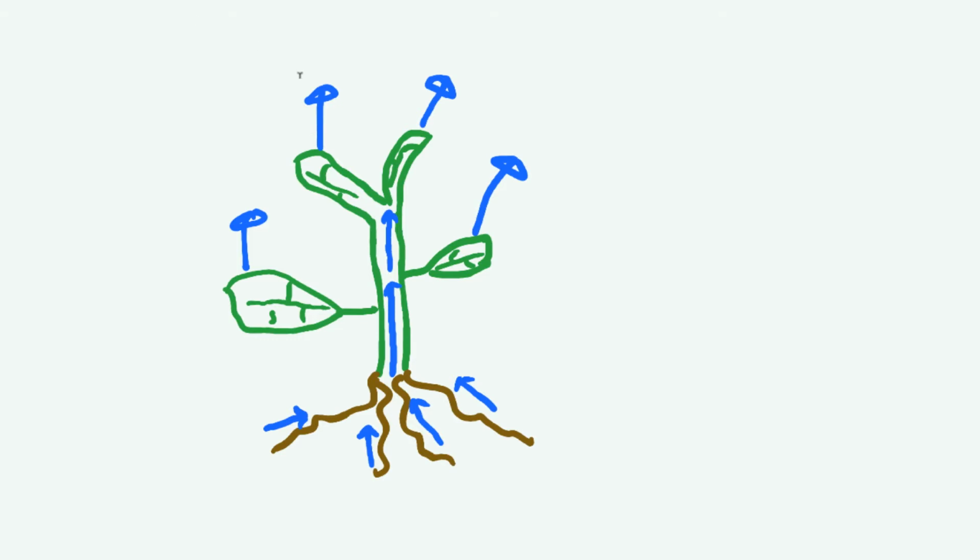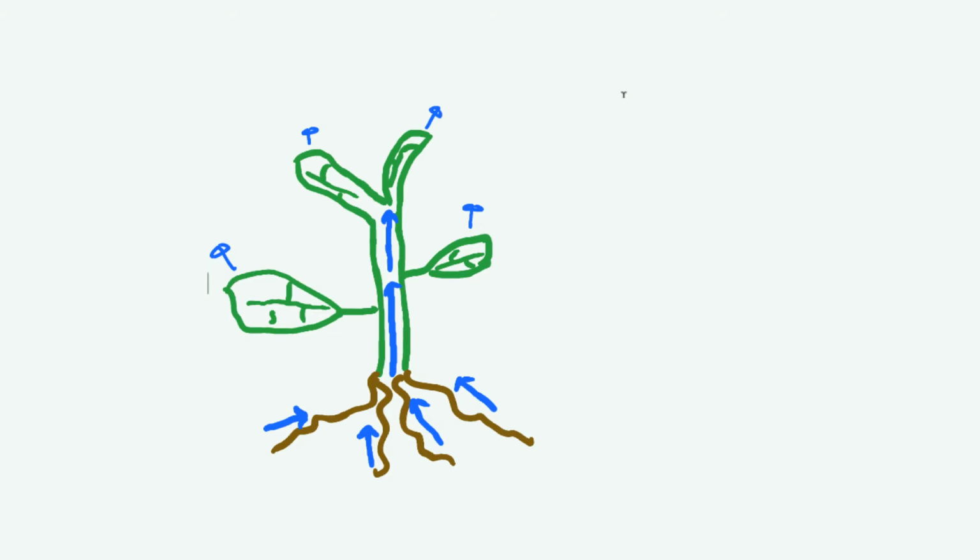Now, what we're thinking about now are the things which affect how quickly this happens. So how quickly is water lost from the leaves? Is the water leaving quickly, or is the water not leaving so quickly? Maybe there's only a little bit of water being lost from the plant, and that's based on certain conditions.